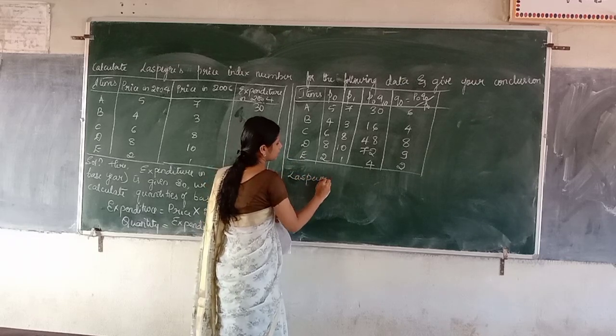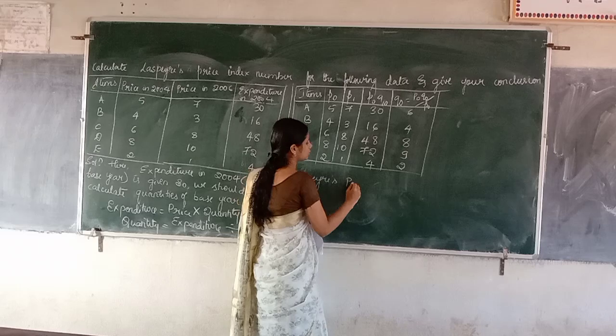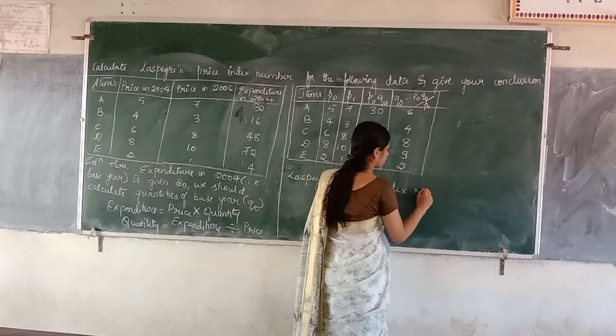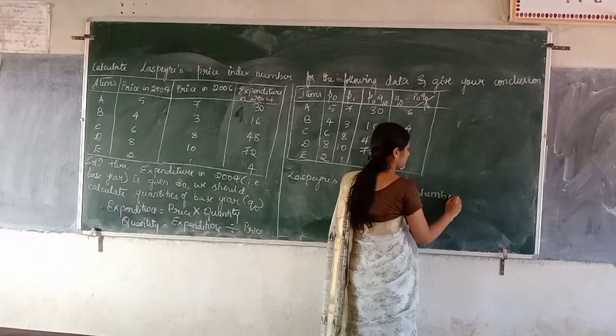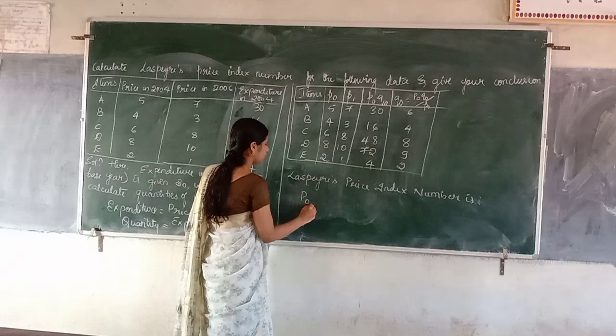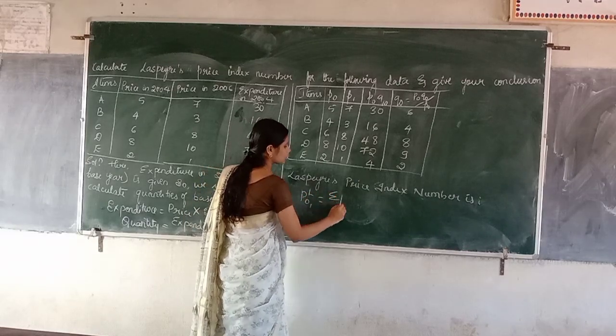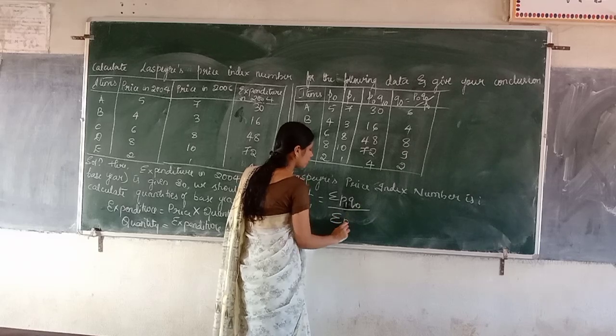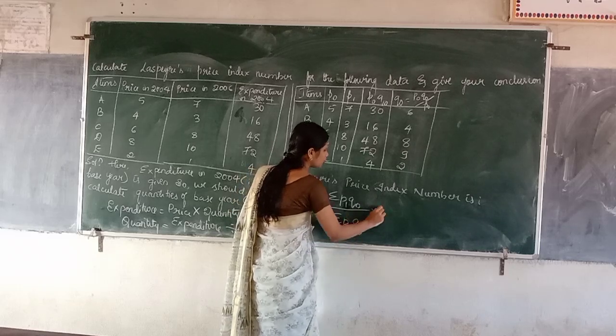The price index number formula is P01 equal to summation of P1 Q0 divided by summation of P0 Q0 into 100.